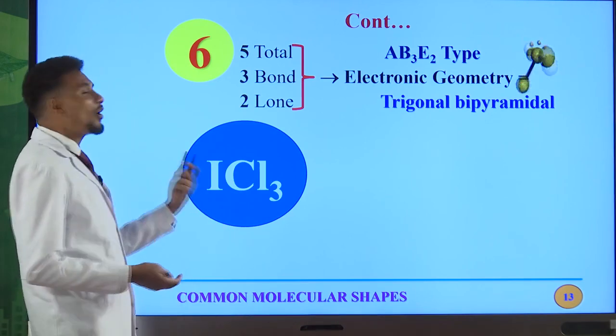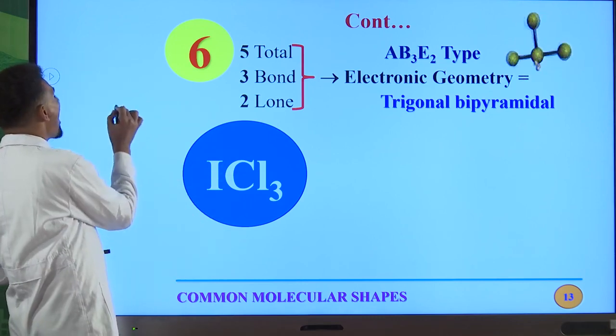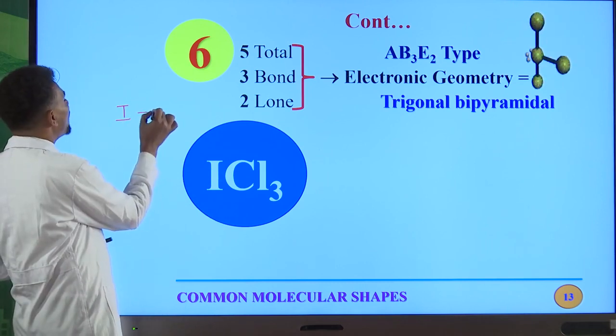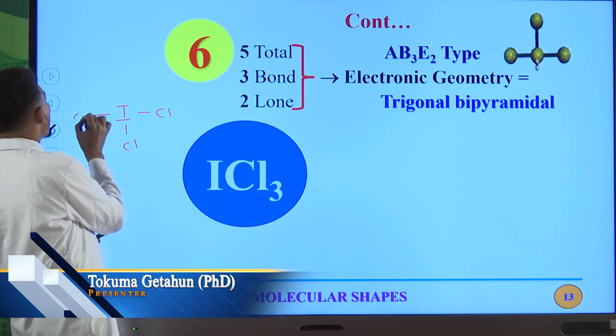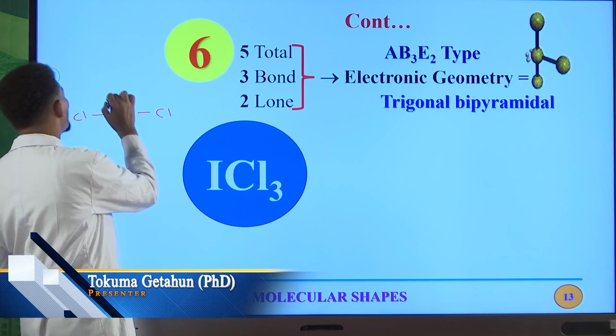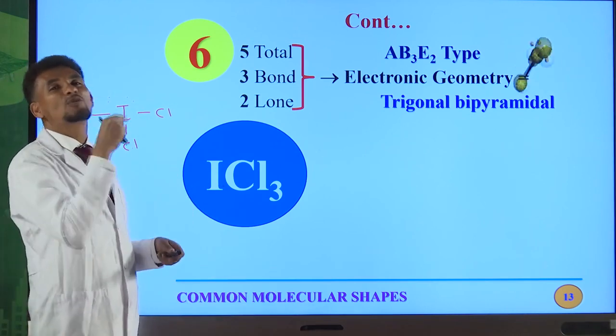You can easily draw the Lewis structure for this molecule. So iodine has how many valence electrons? 7. From 7, it forms bonds with 3 chlorine atoms. And we are left with how many electrons? 4. So totally we have 2 lone pairs of electrons around the central atom.